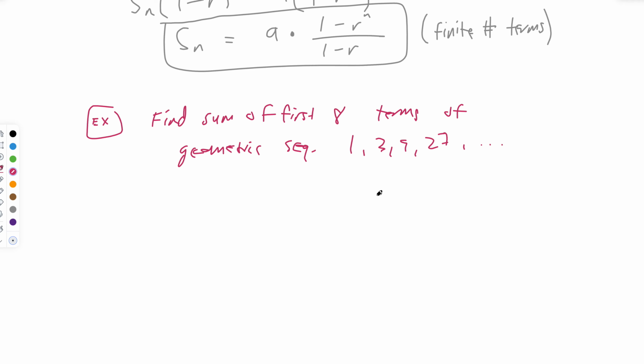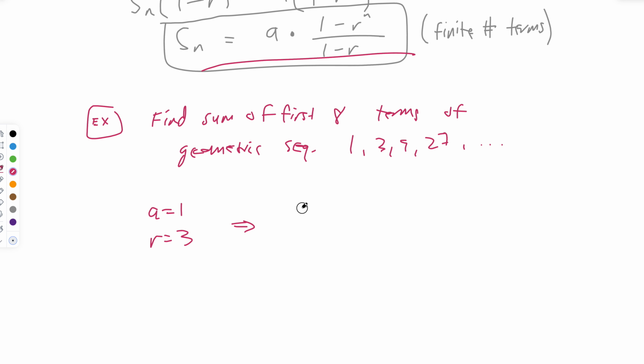How are we going to do this? According to this, all you need to know is the first term and the common ratio. I know that the first term is 1. I know that the ratio, as you can hopefully see, is 3, right? 3 divided by 1 is 3, 9 divided by 3 is 3, 27 divided by 9 is 3. It takes multiplying by 3 every time to get to the next term.